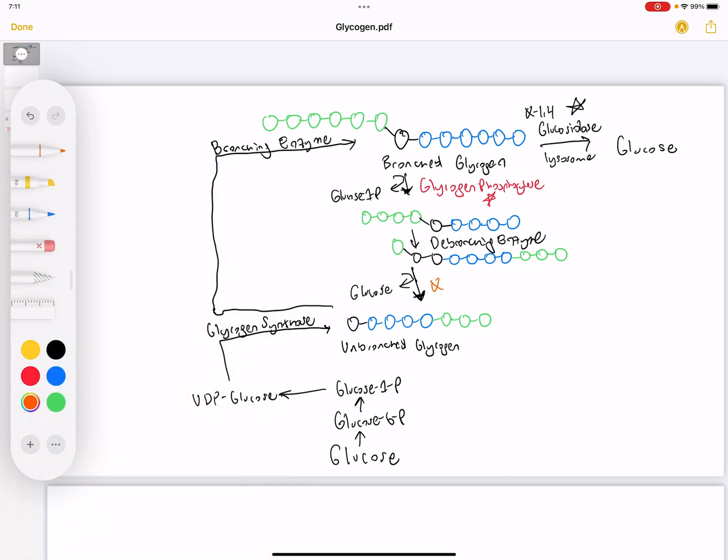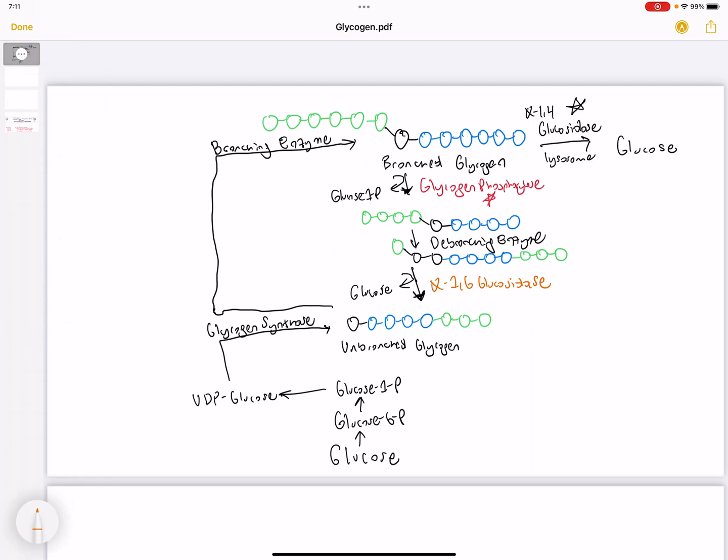So alpha-1,6 glucosidase is going to be responsible for cleaving that last glucose molecule that's left and release it into the blood for achieving normal levels of blood sugars.